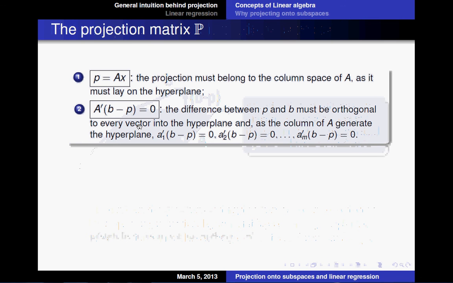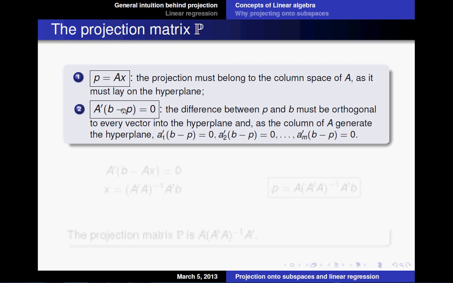So formally we will have these two equations. P must be a linear combination of the basis of this plane, which is generated by the columns of A.